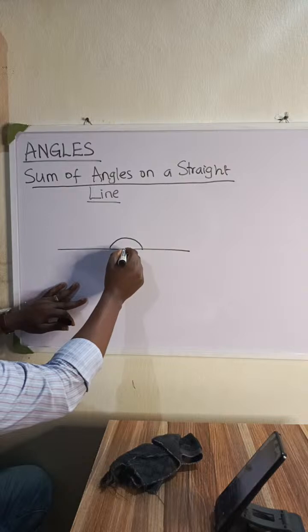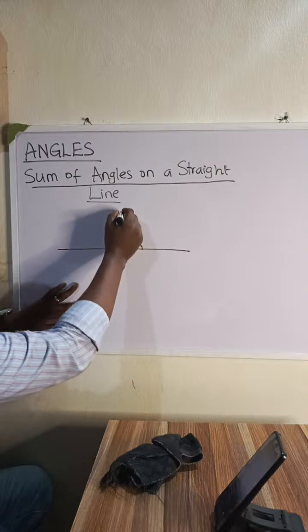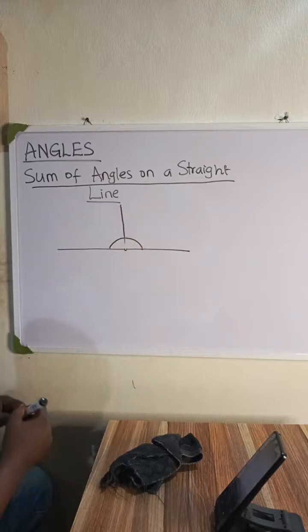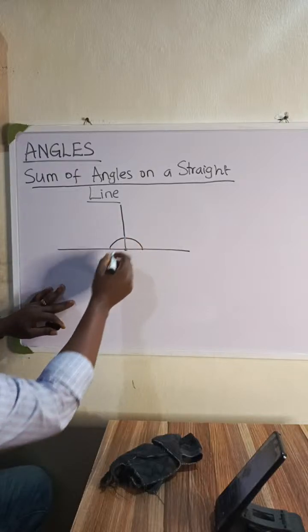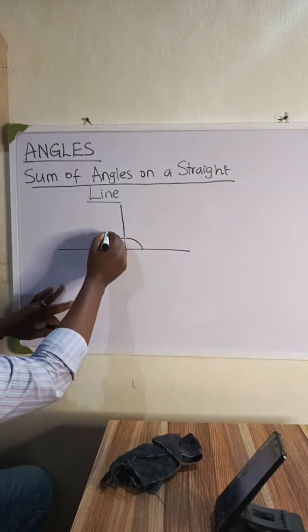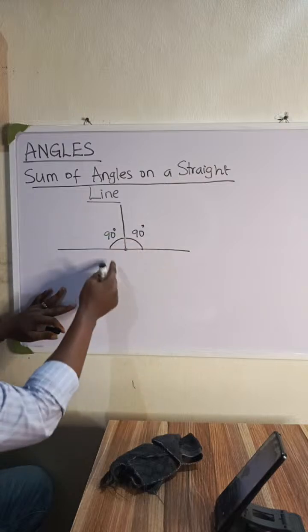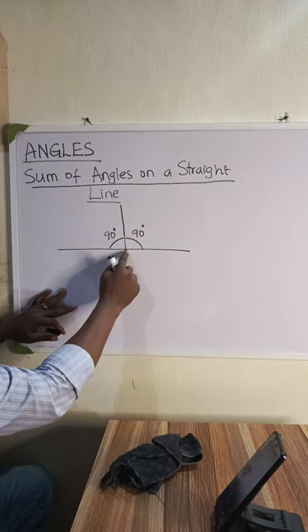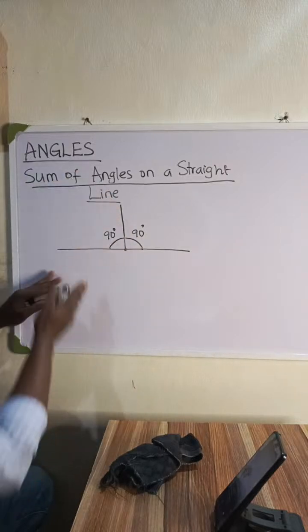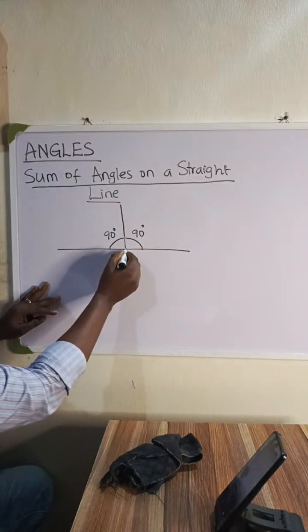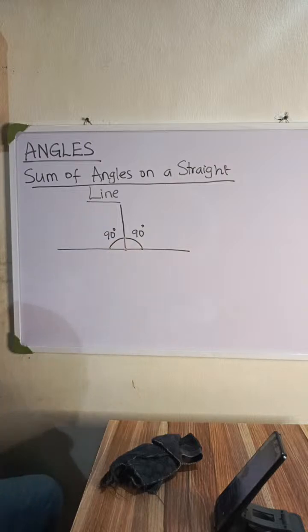If I draw a perpendicular, vertical line up here, this angle here is 90 degrees, because when a vertical line and a horizontal line meet at a point, they form 90 degrees.